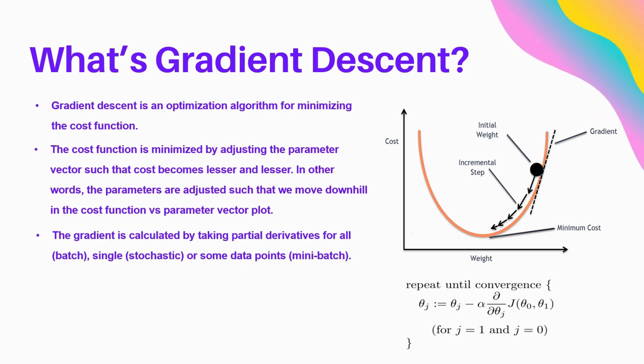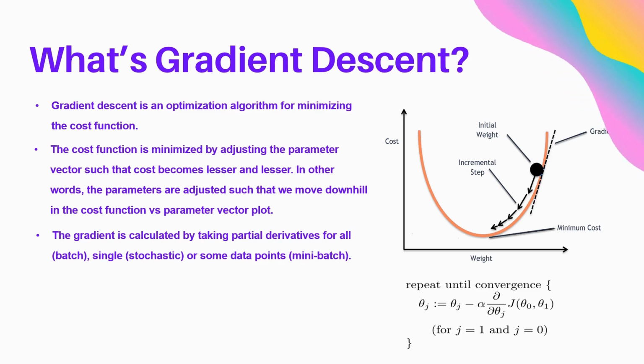After that, we calculate the gradient at that point. There are different ways of calculating the gradient at any given point of the cost function. One technique is to calculate the gradient for the entire data set.